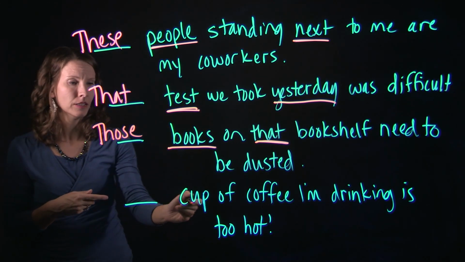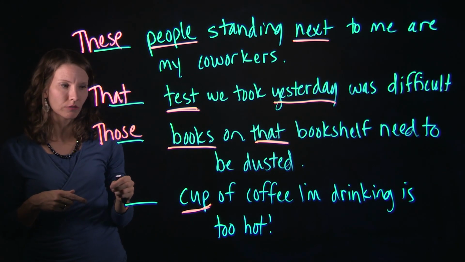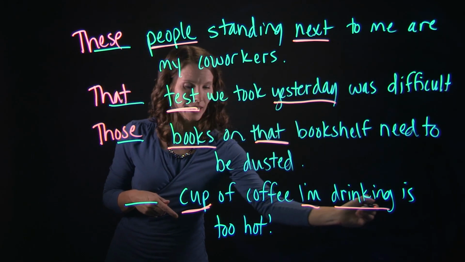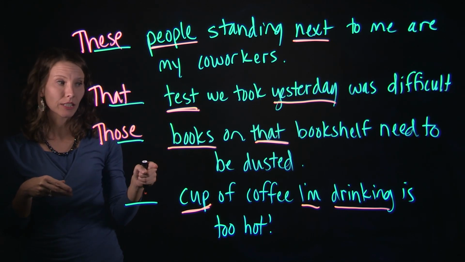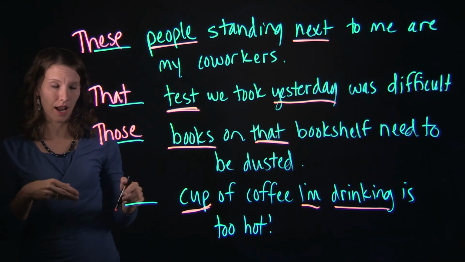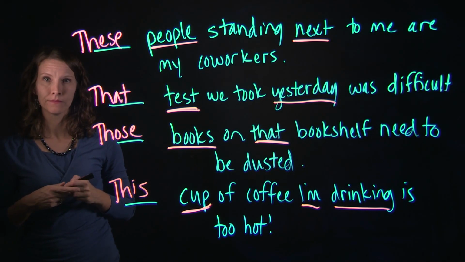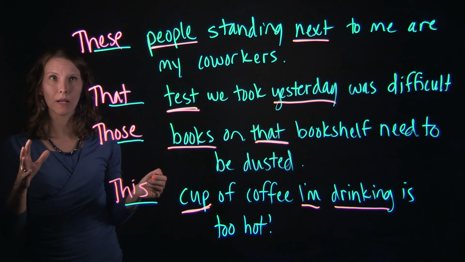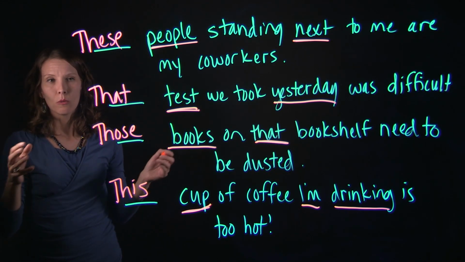The final one, blank cup of coffee is singular, and I'm drinking it right now. So the word that you use to refer to a singular noun that's happening right now is this.